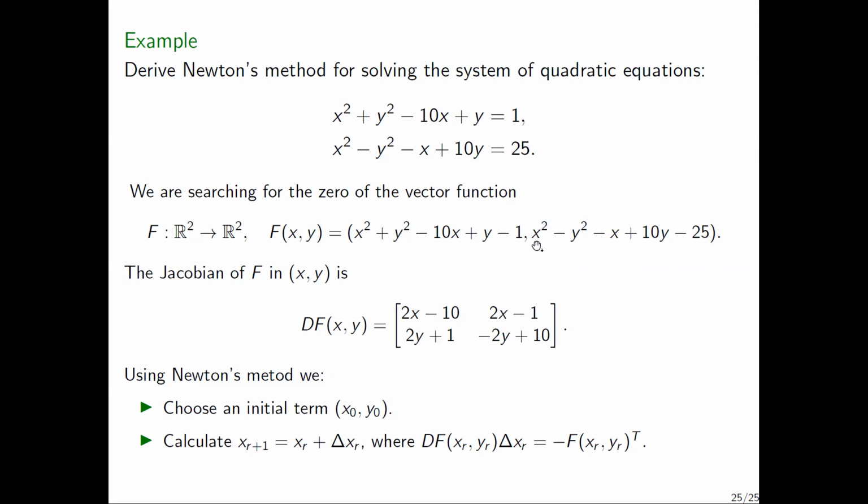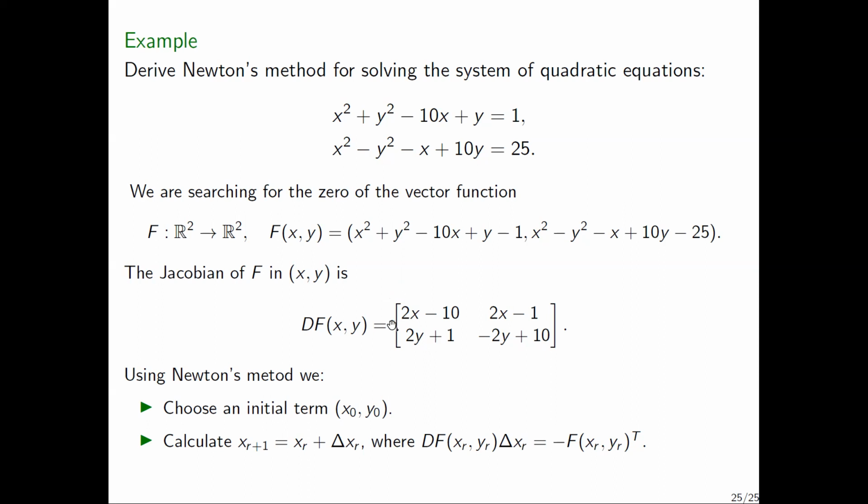When I typed this into TeX form, I swapped 2x minus 1 and 2y plus 1, so it should be interchanged. Then the partial derivatives of the second coordinate function: we get 2x minus 1, and the derivative with respect to y is minus 2y plus 10. And now we can use Newton's method to calculate an approximate of the zero.